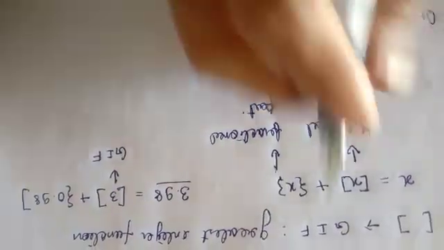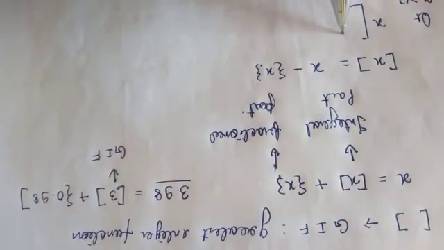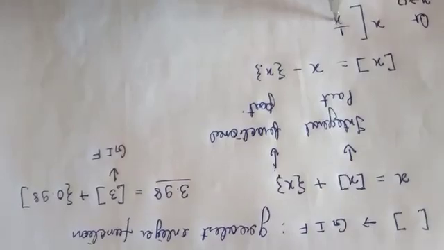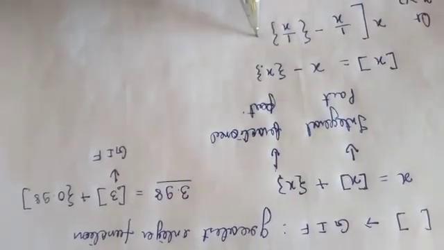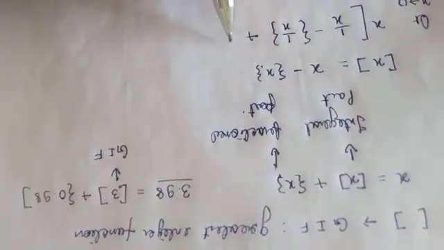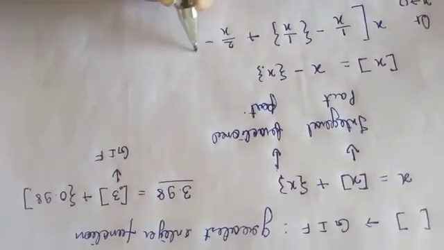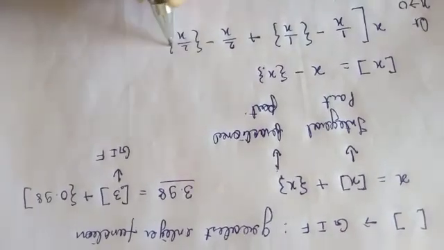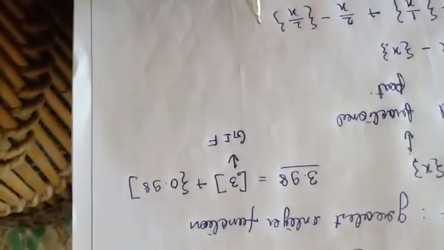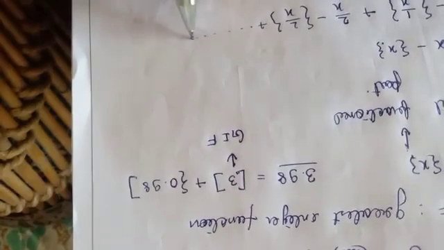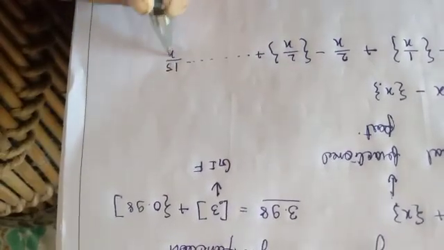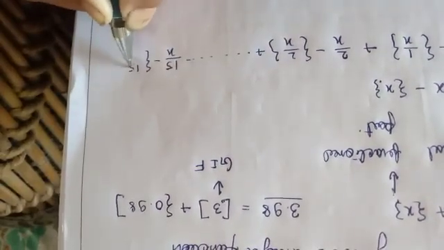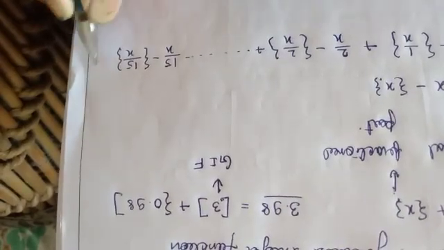My 1 upon x will be like this: 1 upon x minus the fractional part of 1 upon x, plus 2 upon x minus the fractional part of 2 upon x, plus and so on, and last let me take 15 upon x minus the fractional part of 15 upon x.